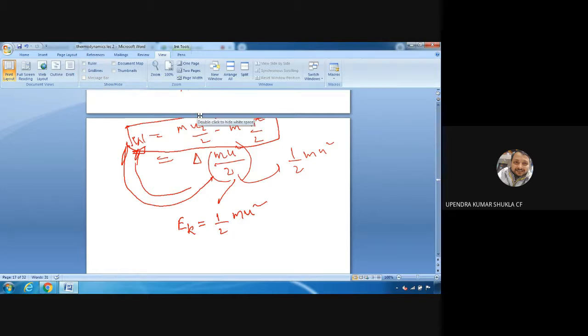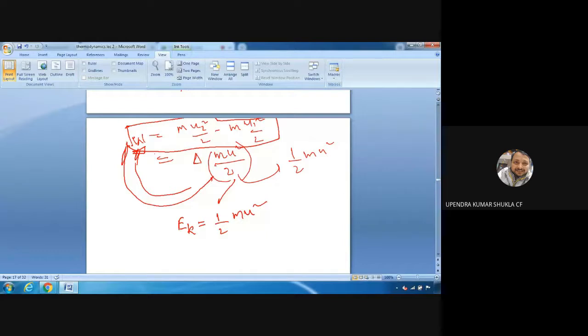Means energy at a point has capacity to do work. Conversely, if you are decelerating a moving body by the action of a resisting force, the work done by the body is equal to the change in kinetic energy. So these things you must understand.